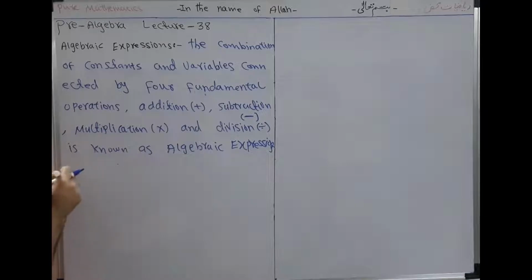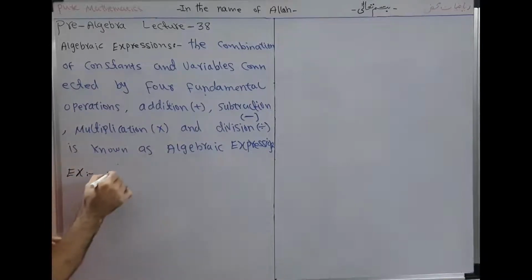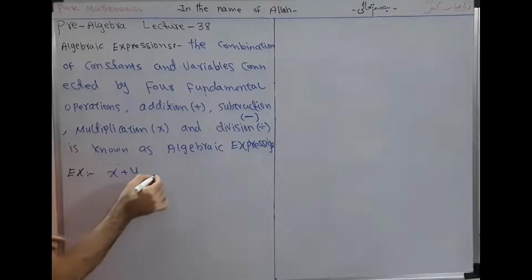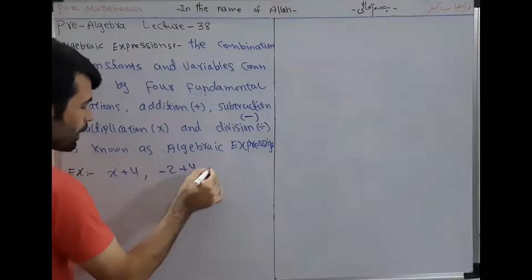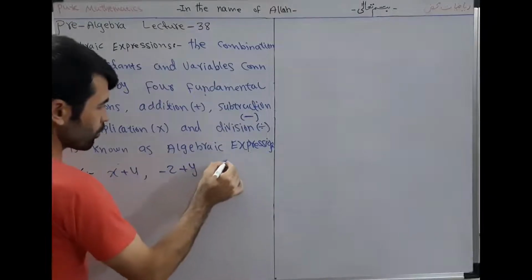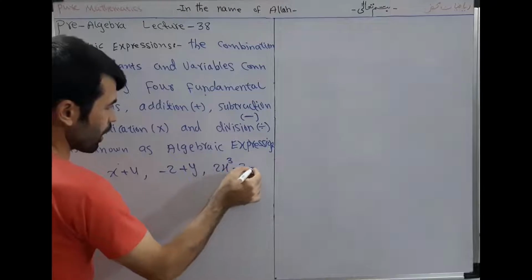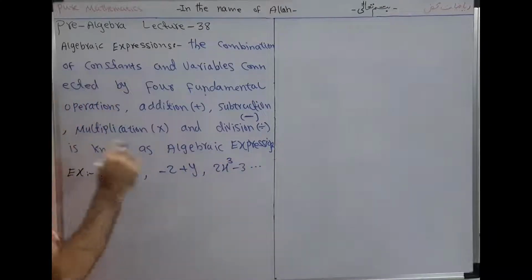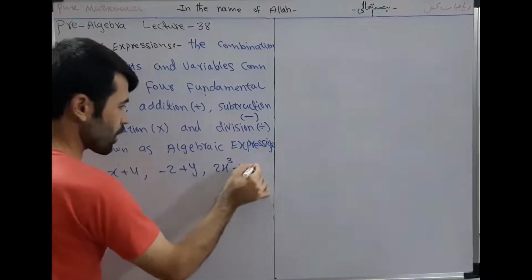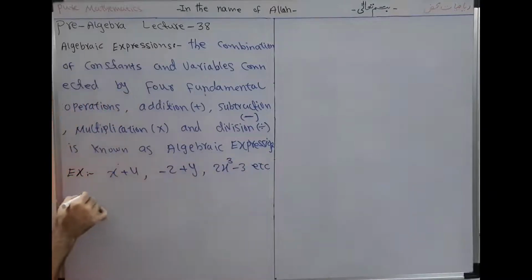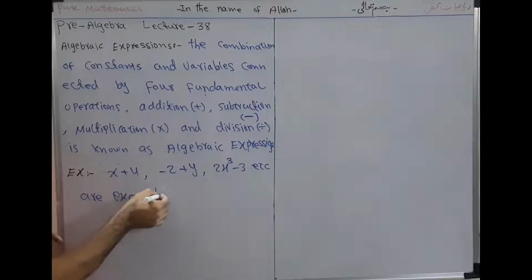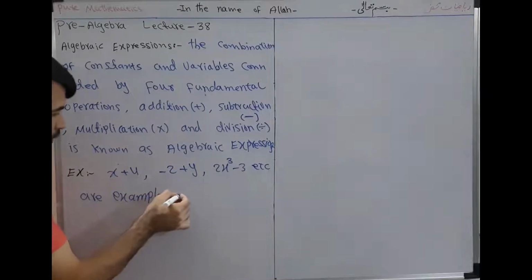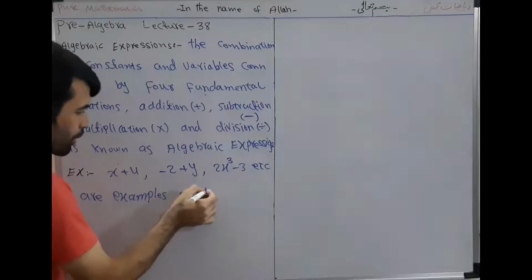Example: x plus 4, minus 2 plus y, 2x cube minus 3, and so on, etc. These are examples of algebraic expression.